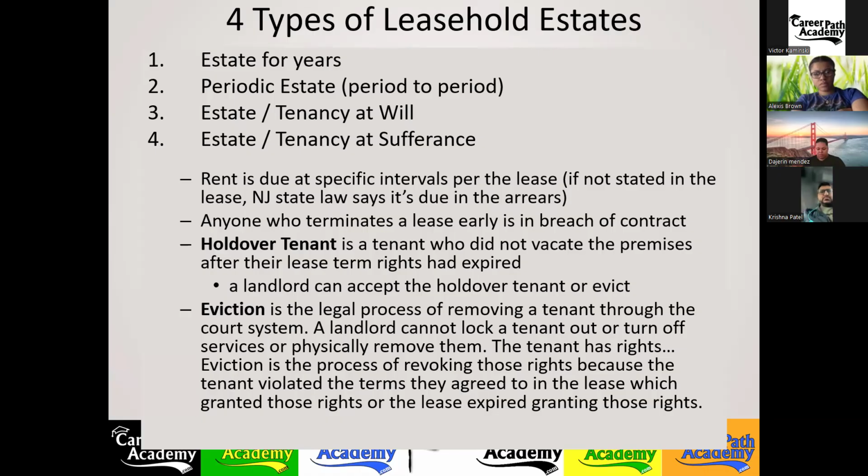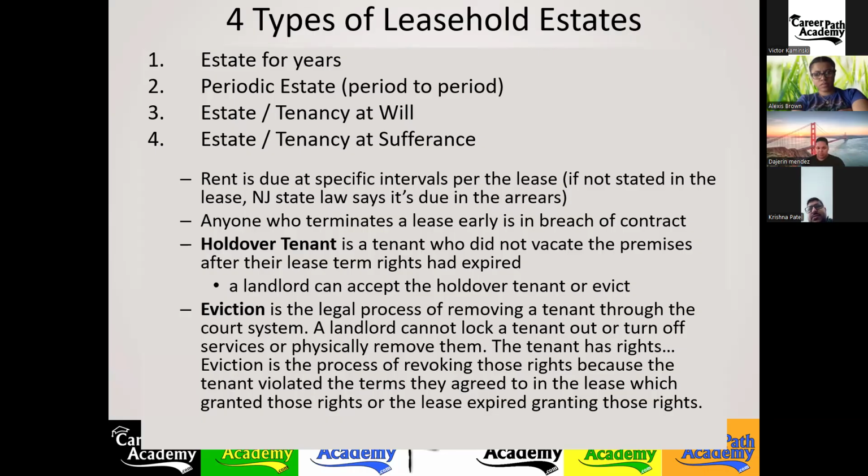A holdover tenant is one who did not vacate the premises after their lease term rights have expired. A landlord can accept a holdover tenant, or they can choose to evict them. So what is eviction? Eviction is the legal process of removing a tenant through the court system.